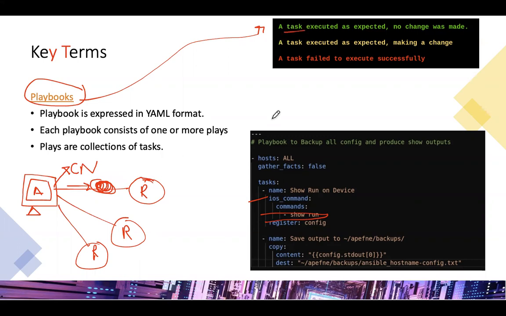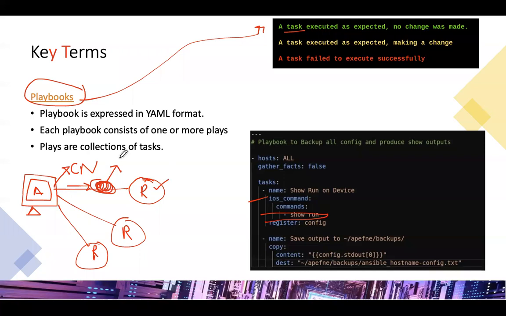It will be shown in the green color. For example, show running configuration. If the script executes the show running configuration command on this end router, it just runs it. So the output will be in green color.